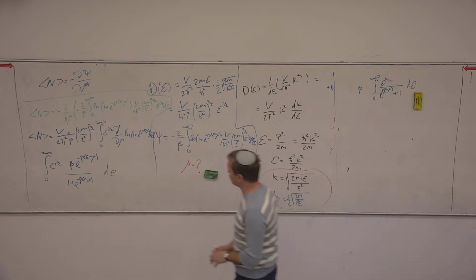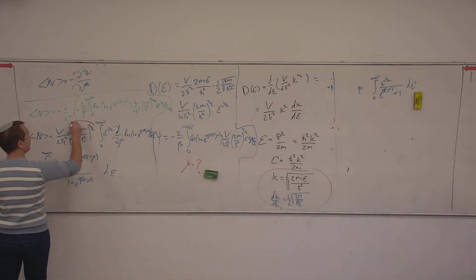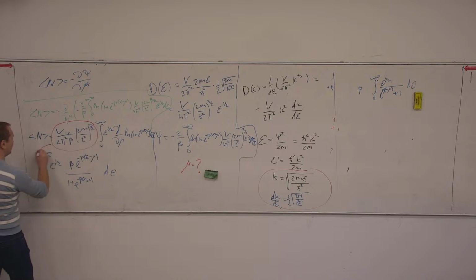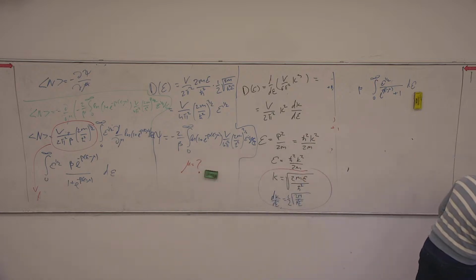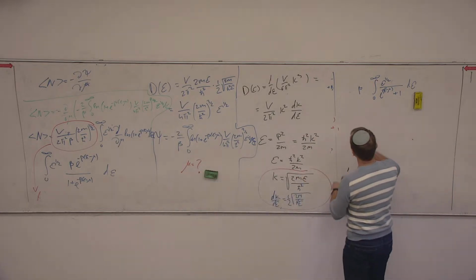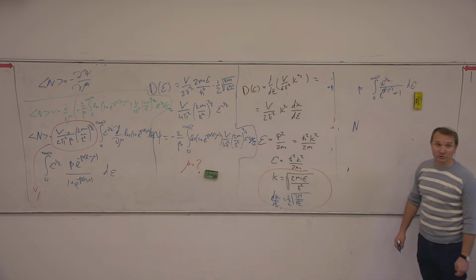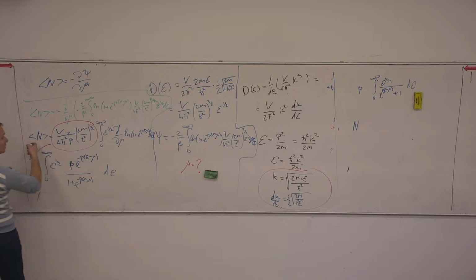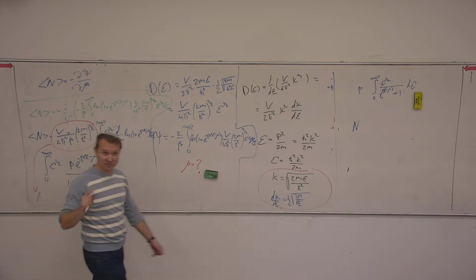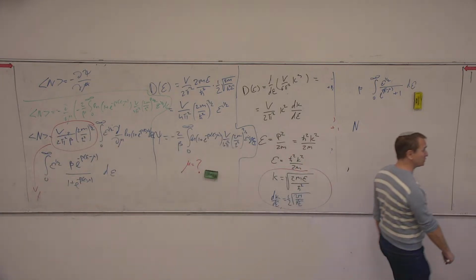If you call all of this A, right? So we know that the number of particles, which we forget now that this is the average, this is the specific fixed number of particles which you use.